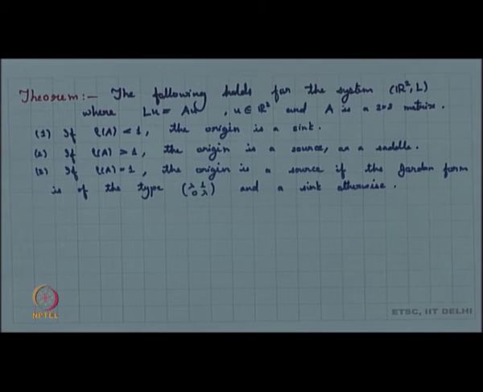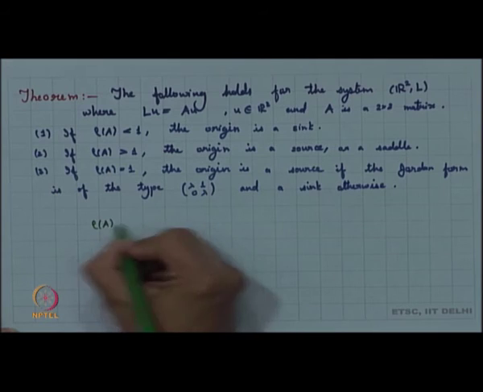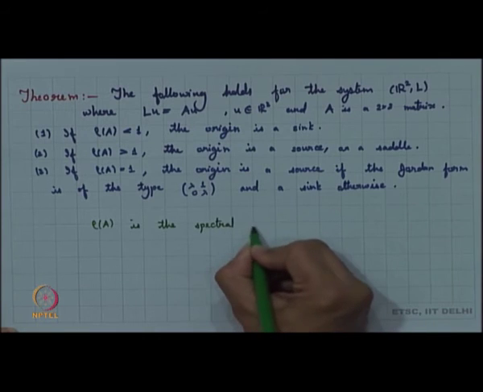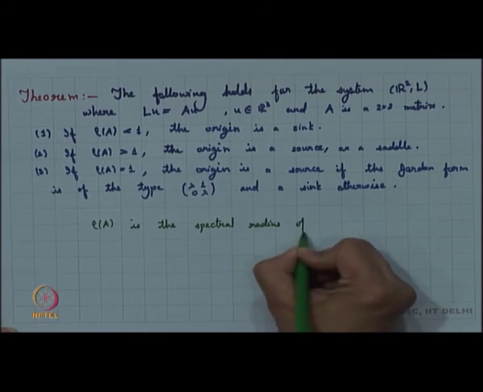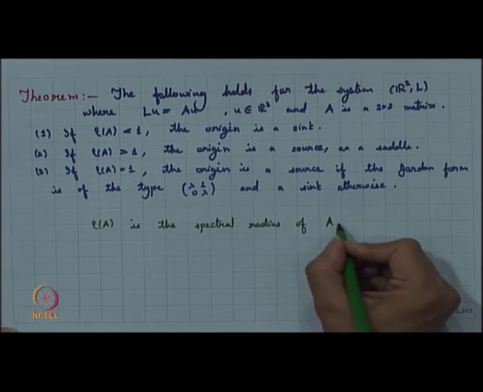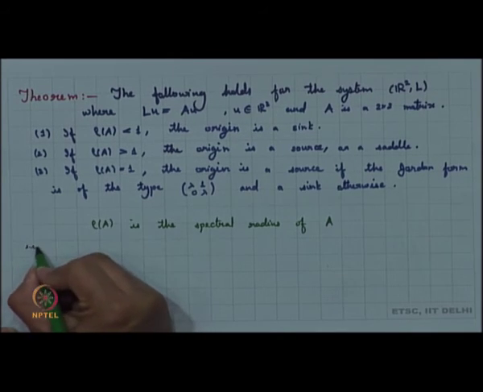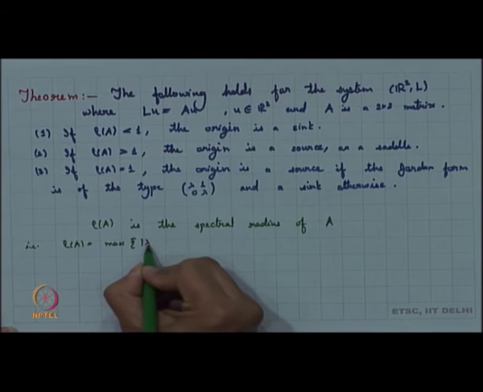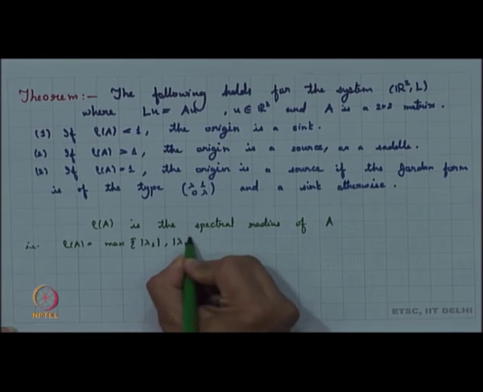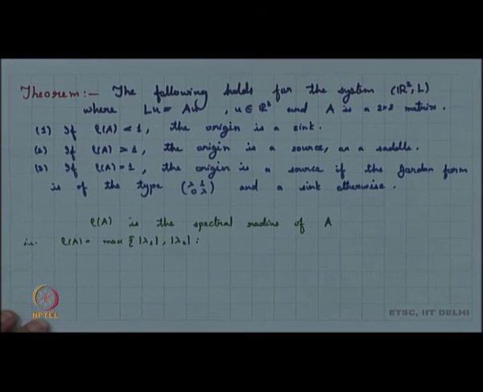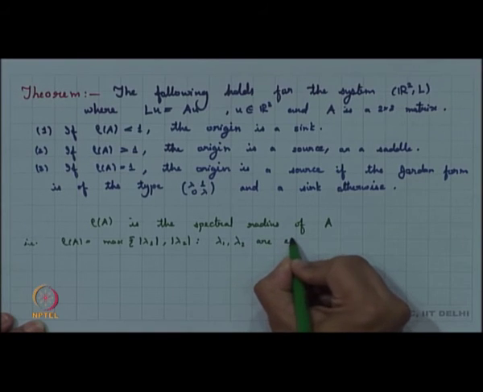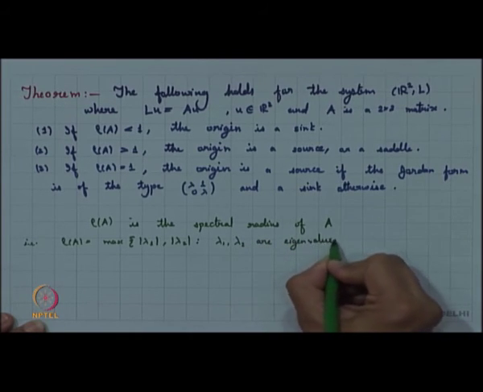Now, I have written rho A, but I have not defined what rho A is. Basically, rho A is the spectral radius of A. That means rho A is the maximum of mod lambda 1 and mod lambda 2, the maximum of one of these two numbers, where lambda 1 and lambda 2 are the eigenvalues of A.